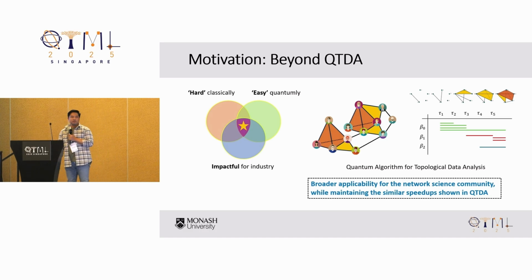In particular, we construct a new algorithm based on quantum topological data analysis tool to rank data on higher order networks. We also want to still maintain the similar quantum speedup that is shown in the QTDA.